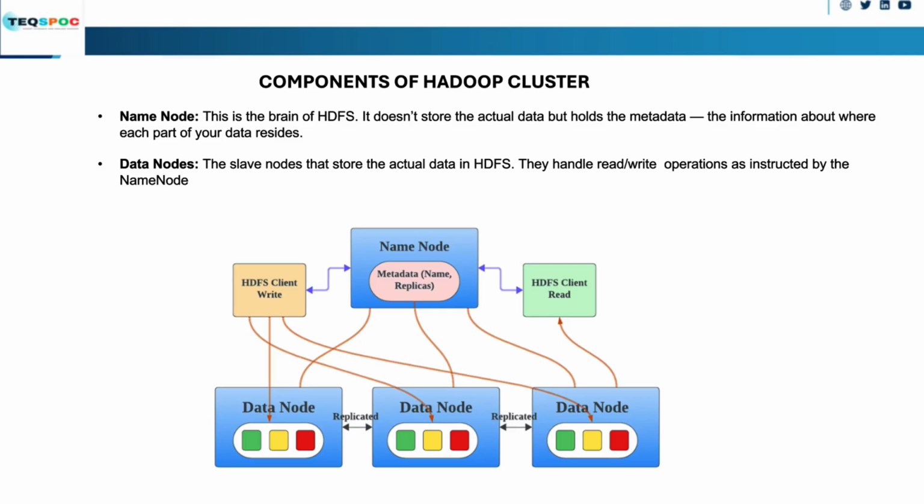So again, coming back to the master slave architecture, NameNode is called the master because it retrieves the information of the data from the data node. Now let me give you a simpler example. There is a project and I am the client of the project, right? So I need to get the information or the update of the project. Do I reach out to the employee or the team members, or do I reach out to the manager first?